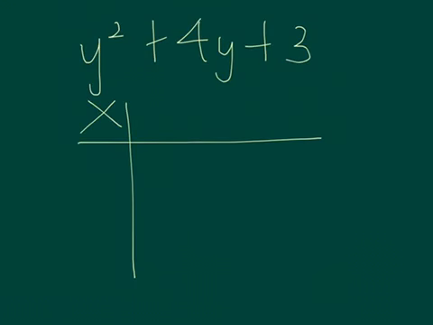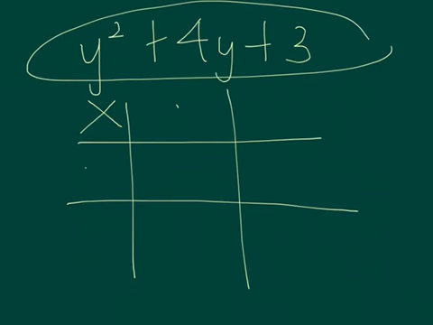First thing first, I need to determine the factors. How do I determine this factor and this factor from this equation? How do I determine this and this? y. How do you know it's y? Because it's y squared. Exactly. Very clever.